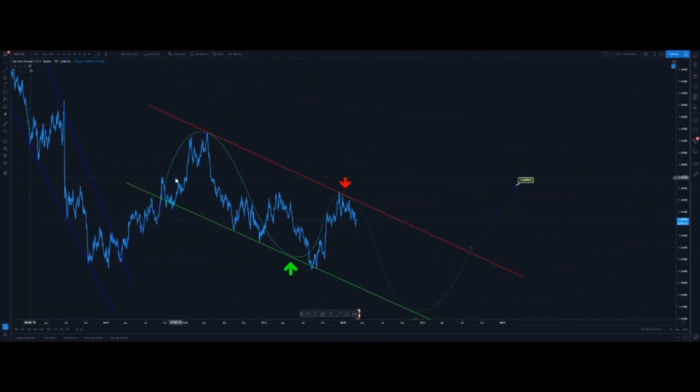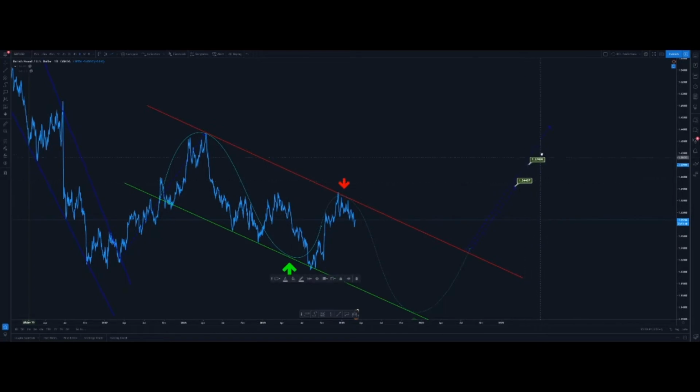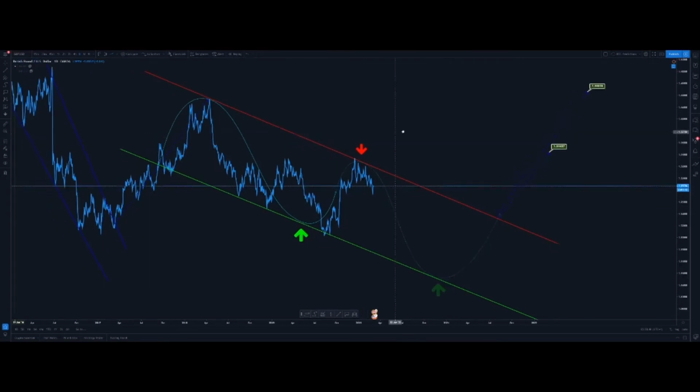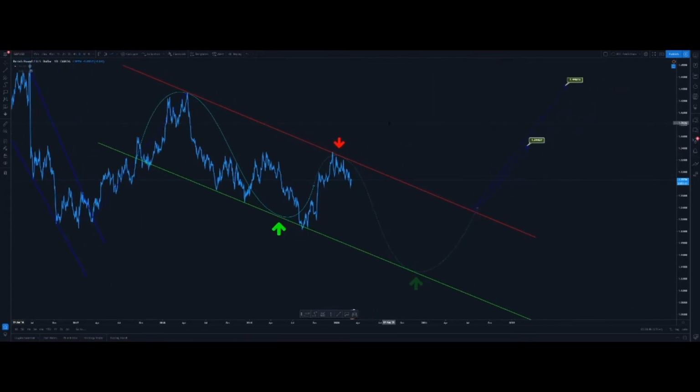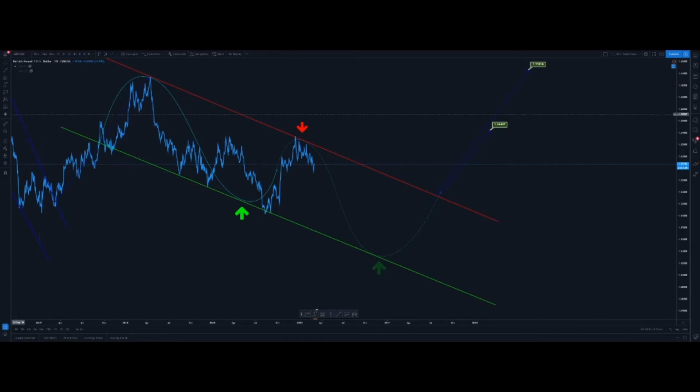Let's copy paste this to here. And then the next target could be around this point. Well, where should we short or buy or sell? I believe, since if we look at the previous waves, this should have been a beautiful point.